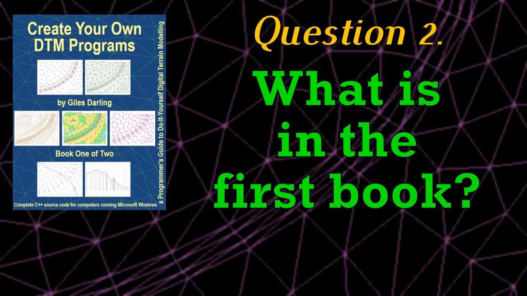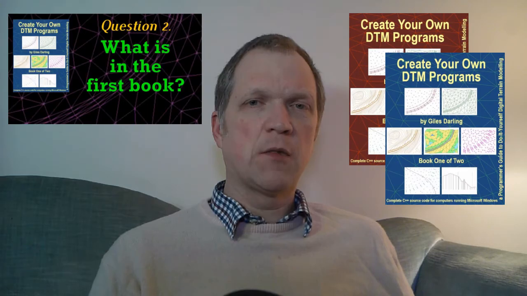Question 2. What is in the first book? The first book contains C++ source code for a number of components that are used in both books. These components include a customized text window, a file importer and exporter, a number crunching tool, an interactive graphics window, and a class to manage arrays of shape data, such as points, lines and triangles, as well as paths or polylines containing lines and arcs.